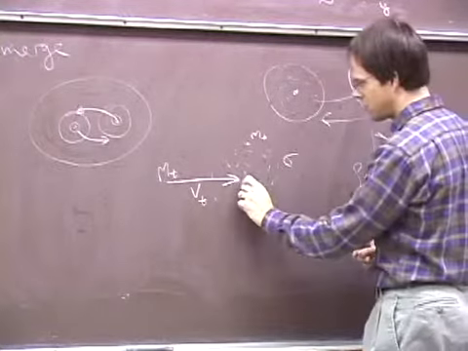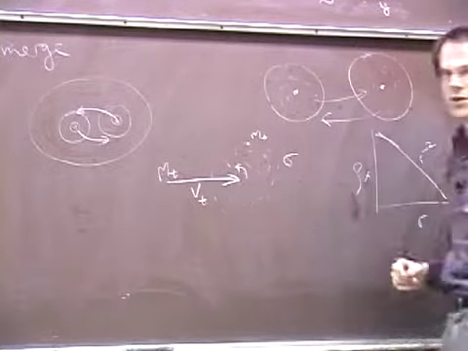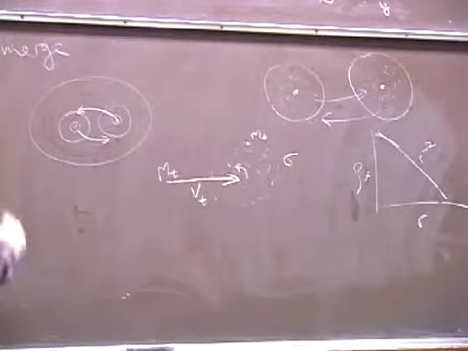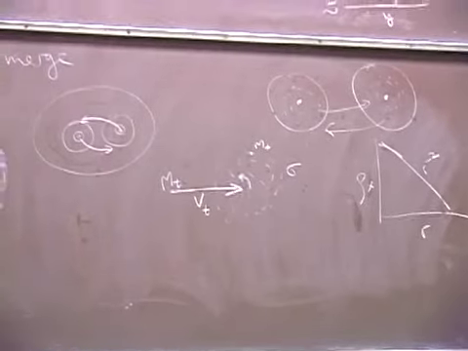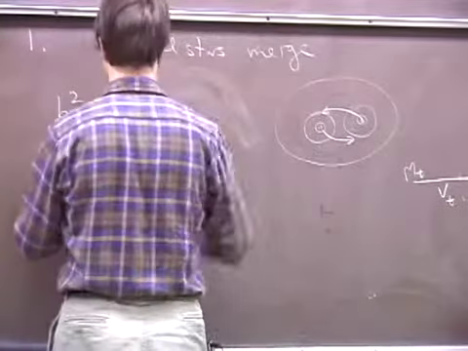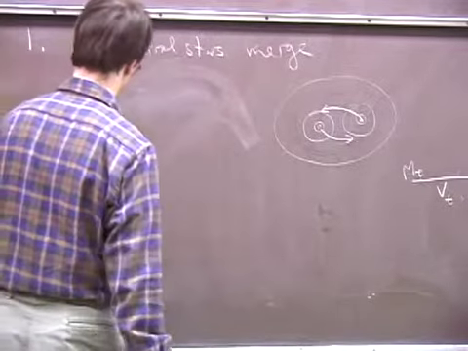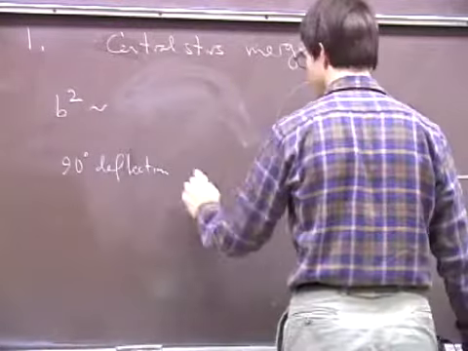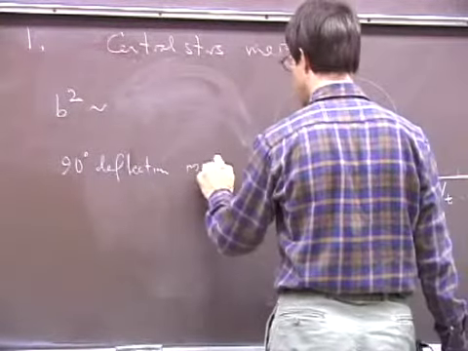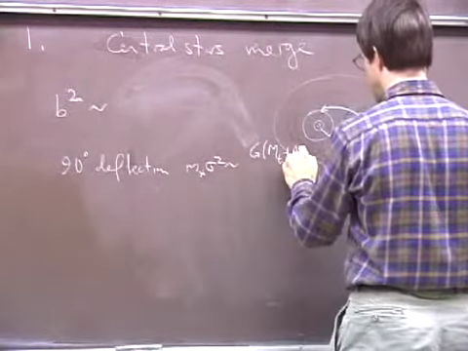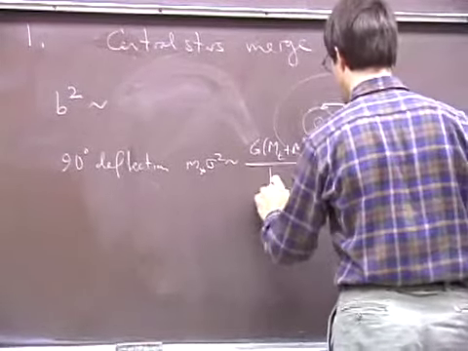If we wanted to get close enough to actually deflect one of their orbits by 90 degrees, then it would have to get close enough that G times (m_t plus m star), let's write this, so a 90-degree deflection occurs when m star sigma squared is of order G m_t plus m star.